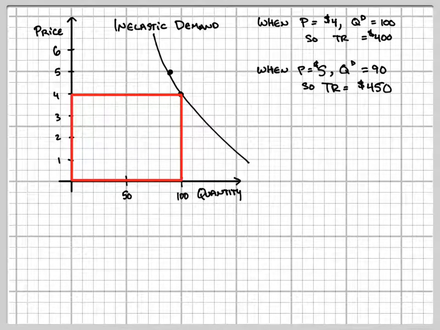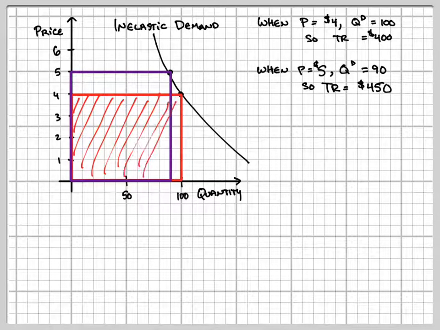And the new total revenue will look like this, which has a larger area. So the red region, the original total revenue, is smaller than the purple region, which is the new total revenue.